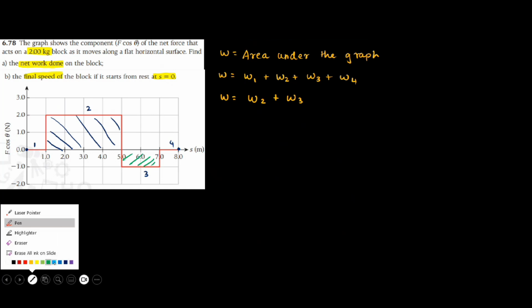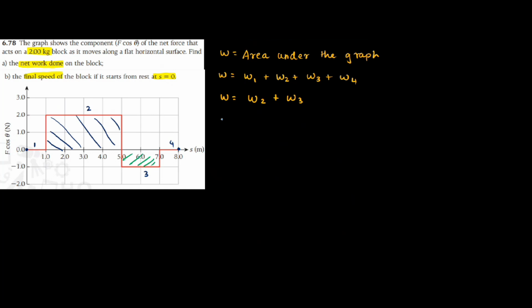Now, since both of these figures are rectangles, when I take the area, I will take the area of the rectangle, which you can write as base times height for 2 and base times height for 3. So the base for region 2 starts from 1 and goes until 5. So my base will be the difference between these two values, 5 minus 1. And the height is 2 Newton.